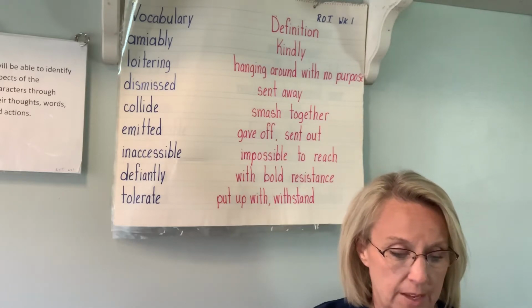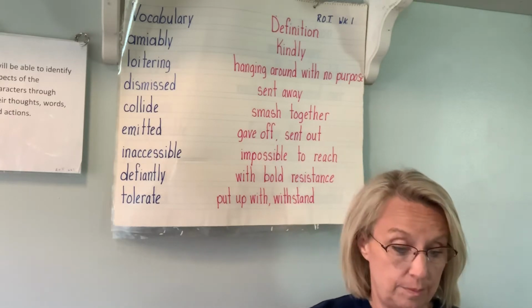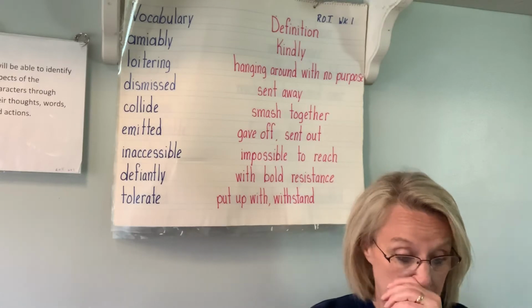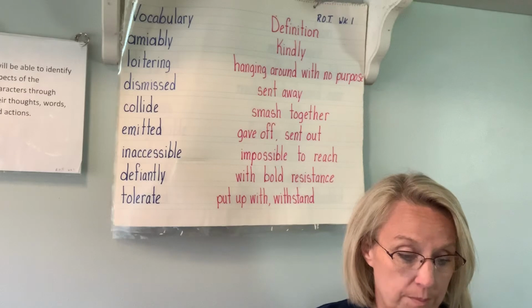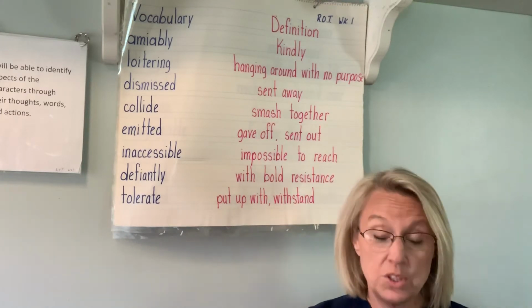Number three, explain why Cassie and the others have to scramble up the bank. And number four, compare Cassie's school with Jeremy's school.